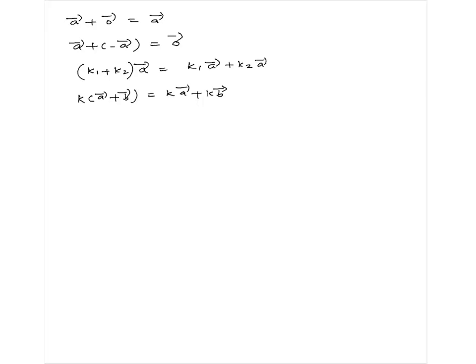Now from the triangle law, this is what we have.